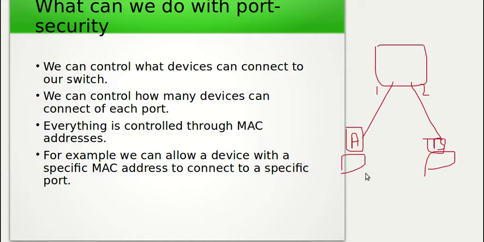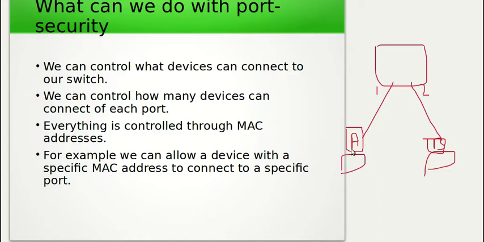And the way we can control what devices can connect to our port is through the MAC address of that device. So each device has a unique MAC address, and when the switch receives frames, it can tell whether those frames were sent by a trusted device by looking at the source MAC address of that frame.